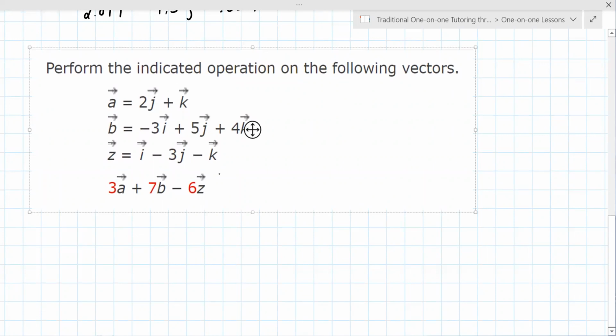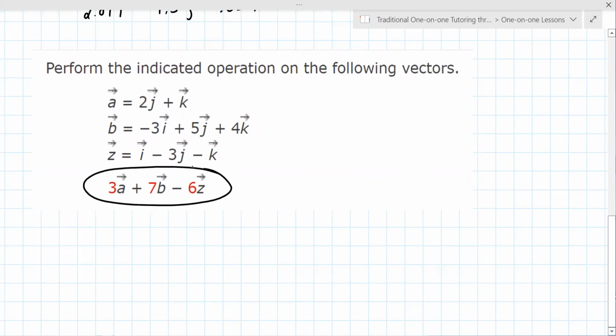Okay, so this is what you're trying to do, this part down here, and this is like the given information. Okay, so it's 3 times A, 3 times vector A. So it's literally 3 times 2J plus, and I'm going to put a 1K. So see where I got A from up here? Yes.